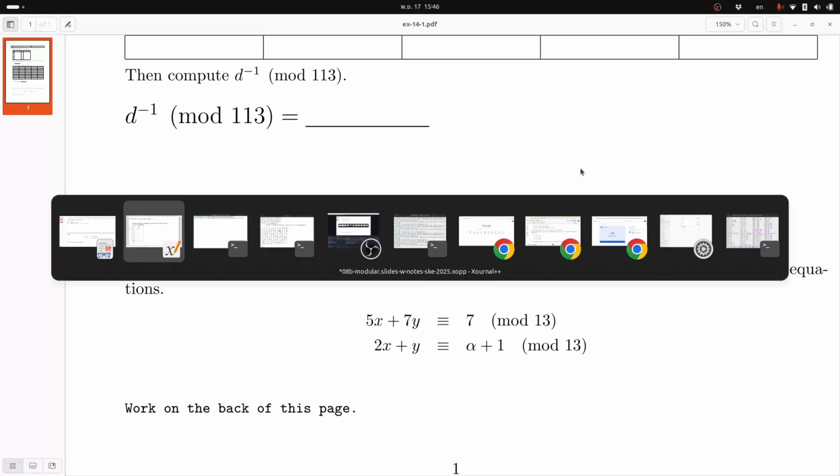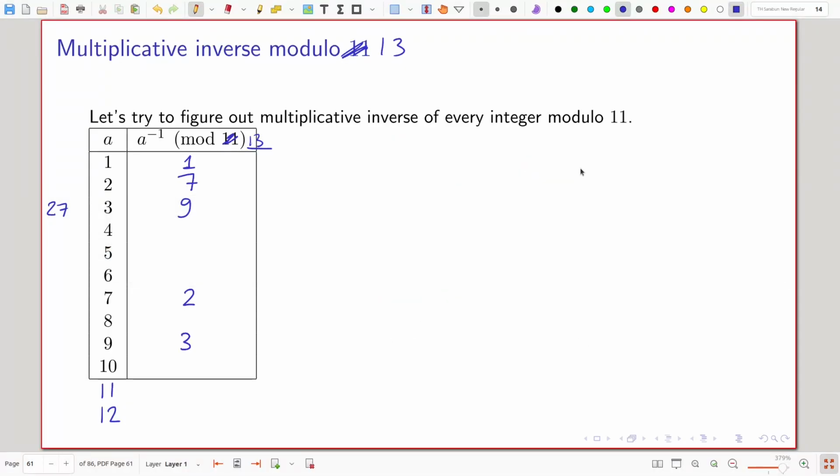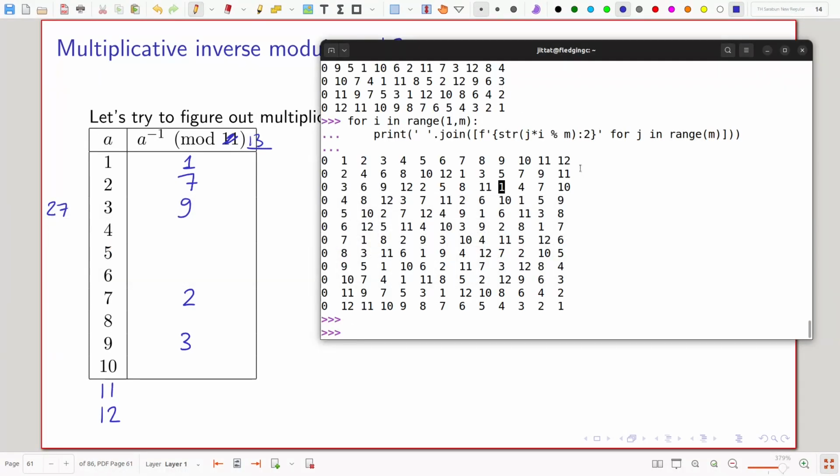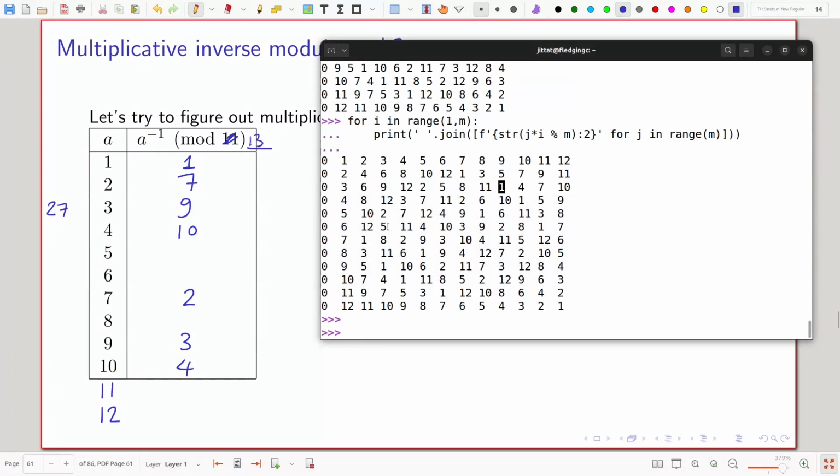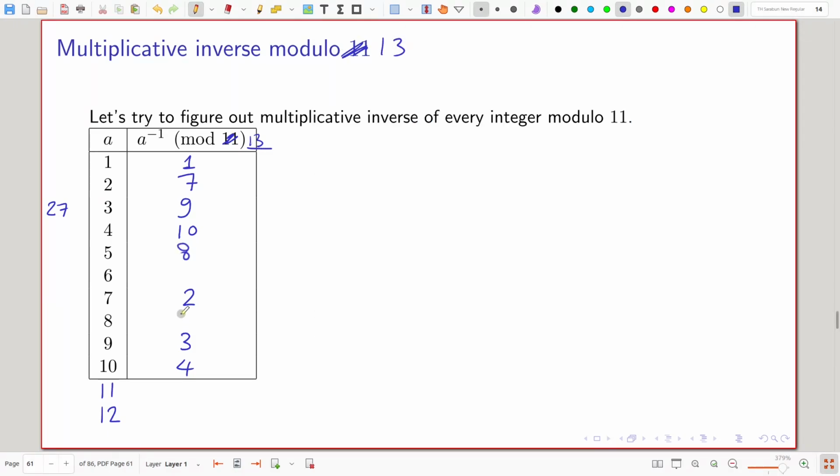Let's try to fill out this table and let me show you one example. So 3, 4 is 10, right? 4 is 10, 10 is 4. What's the multiplicative inverse of 5? 5 is 8, so 8 is 5.